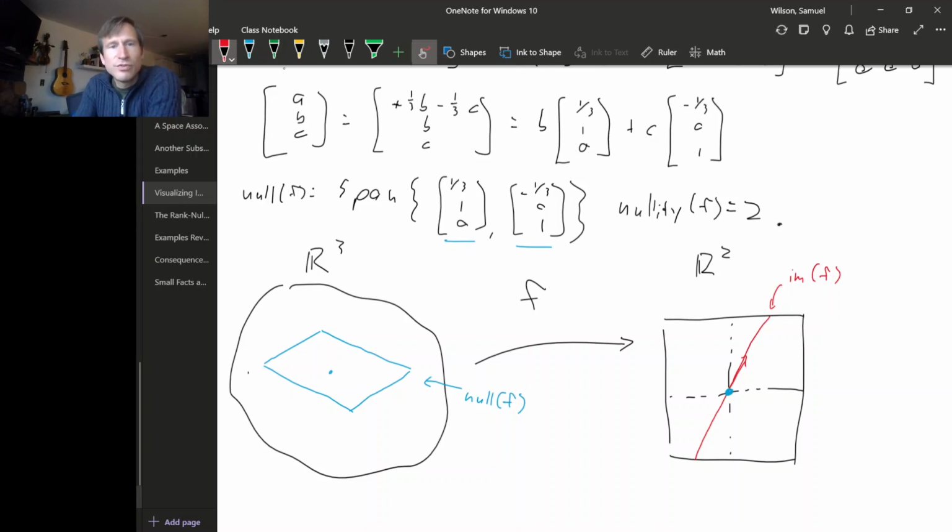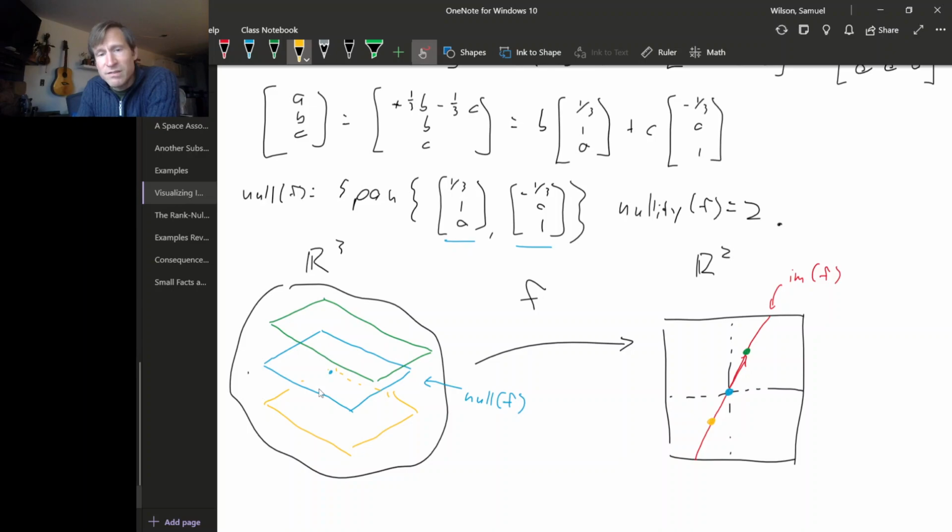So if we move up to, say, this parallel plane up here, any vector up in this plane will give us some other output. And then if we go down, say to this plane down here, any vector down in this yellow plane might give us this output over here.